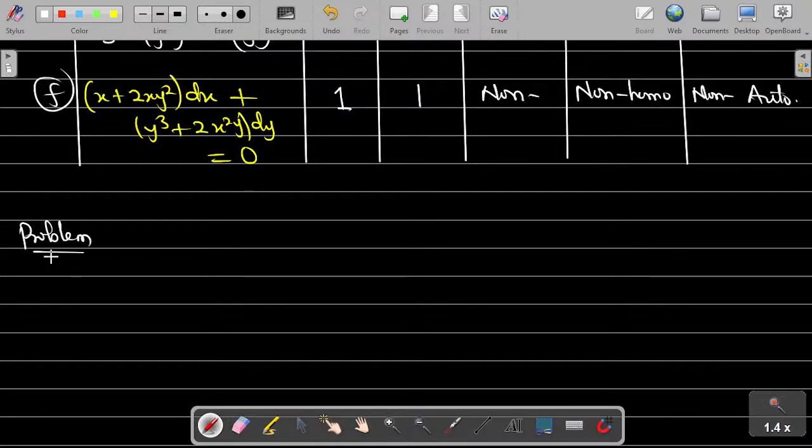Okay, so we go over to problem 2. So what's the question? For this problem, I'm going to be reading from the material. I'm not going to be writing it.